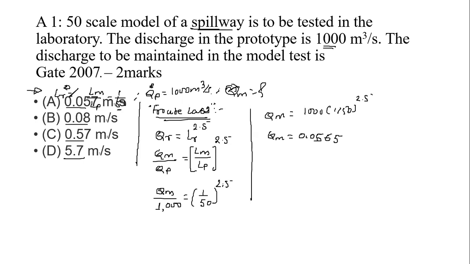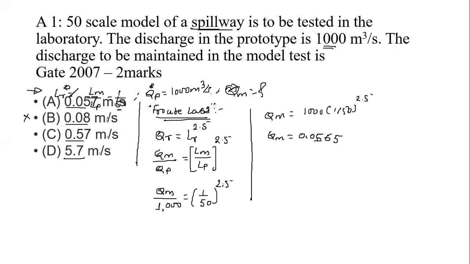The first option is 0.057, second is 0.08, third is 0.57, and the last one is 5.7. All answers are close to each other except B. We find the remaining three options close to each other. यानी कि यहाँ पे 1000 का 100 हो गया या 1000 का 10,000 हो गया, then you will get a change in the answers.